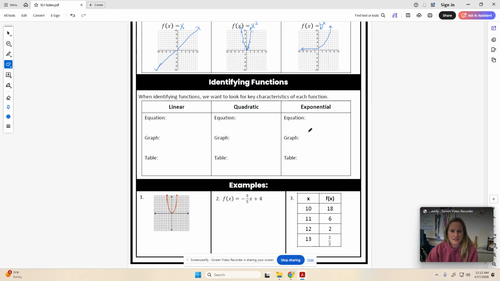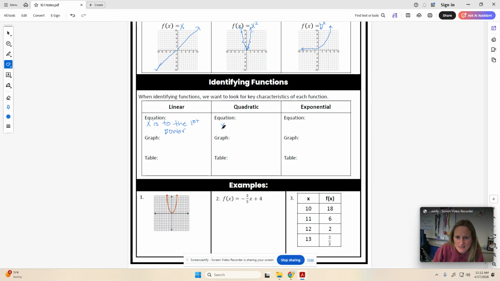So when we're identifying them and we're looking at the equation, we know that it is a linear function anytime x is to the first power. If x does not have an exponent, it's a linear function. Whereas for a quadratic function, you know that it's a quadratic function anytime the highest exponent on x is 2.